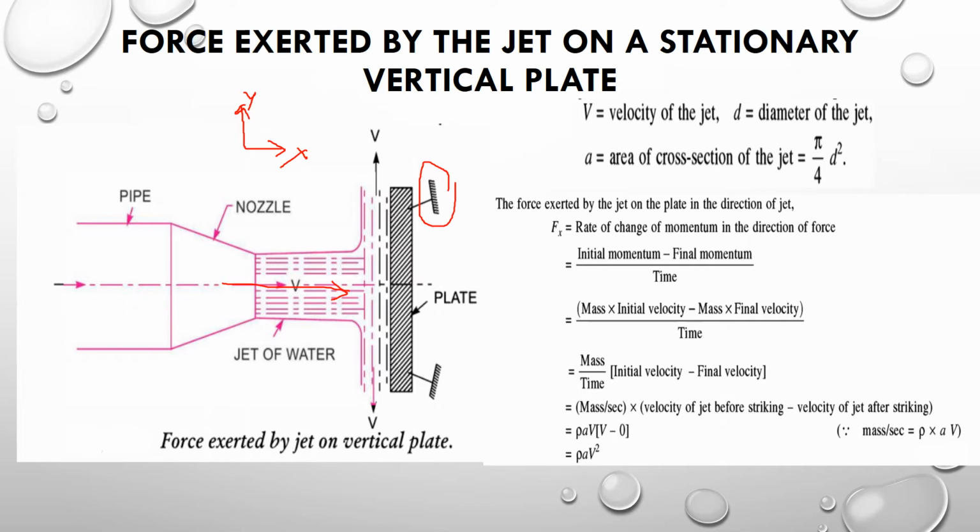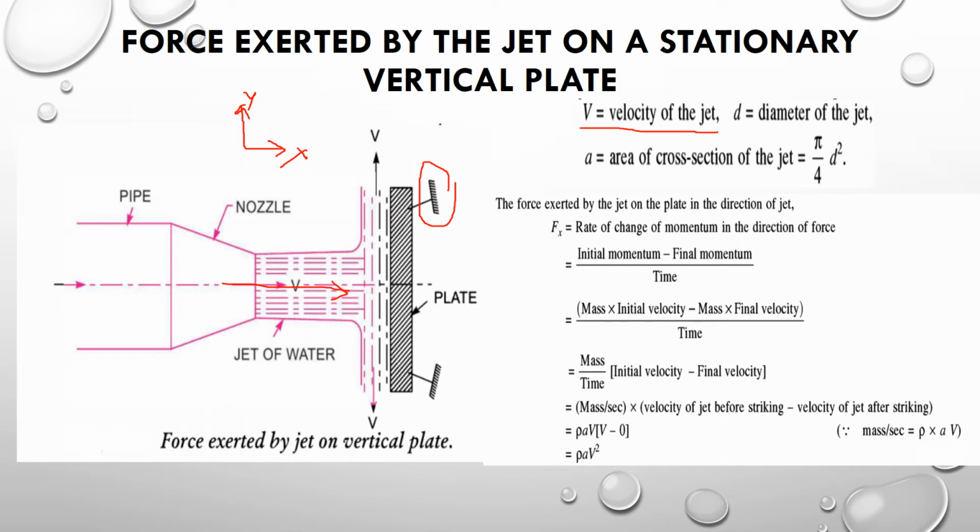So mass per second into initial velocity, which means the velocity of the jet before striking. This is the stationary plate, and for the jet of water before striking the plate, what is the velocity? That is the velocity of the jet before striking. As we have mentioned earlier, the velocity of the jet is v.